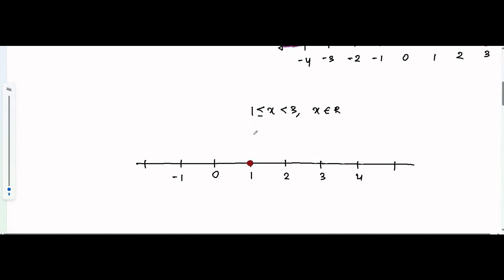And this 3 is not included in the solution, it's a strict inequality, so we'll highlight it with a hollow circle. And every point in between 1 and 3 with 1 included is part of the solution, so we'll highlight it with a solid line, okay. With 1 included, 3 not included.